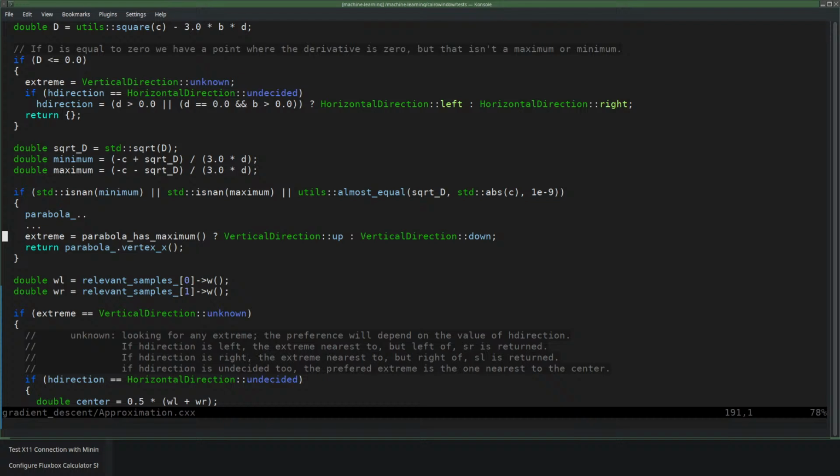Yeah, and then H direction. There's no in between, or is there an in between? Yeah, of course, it can be an in between.